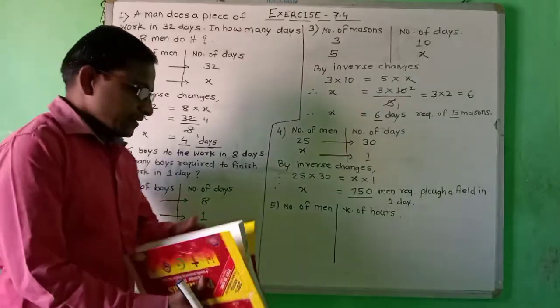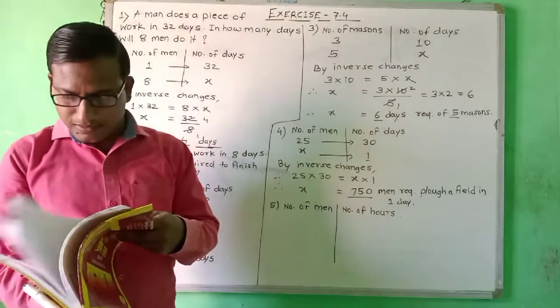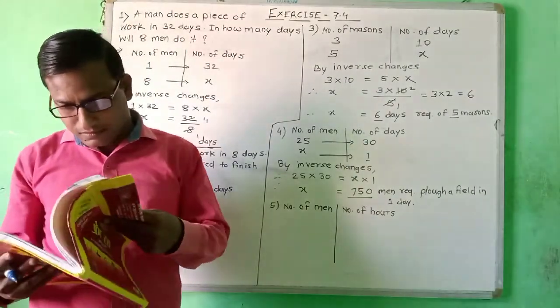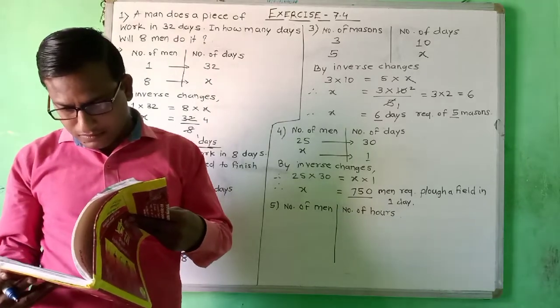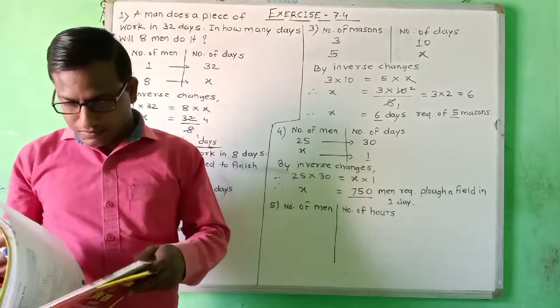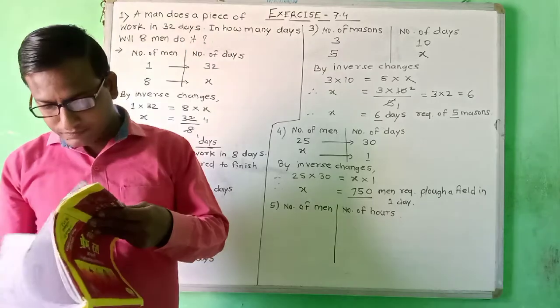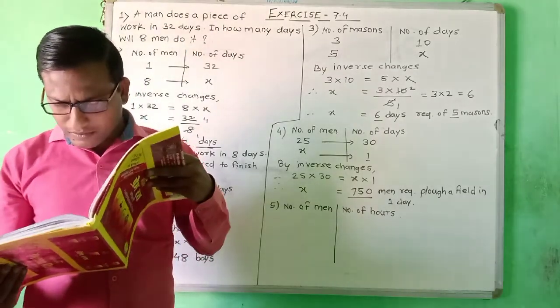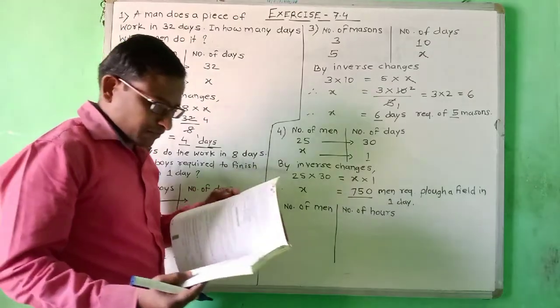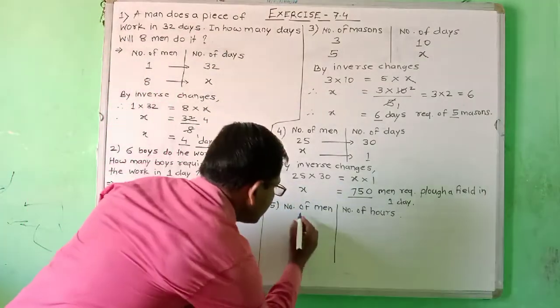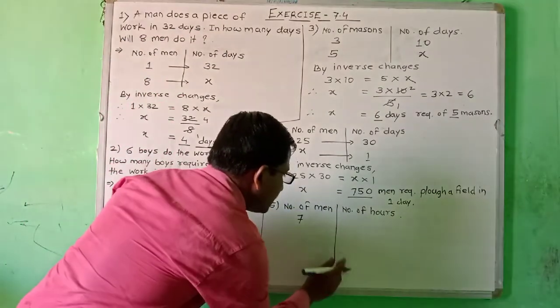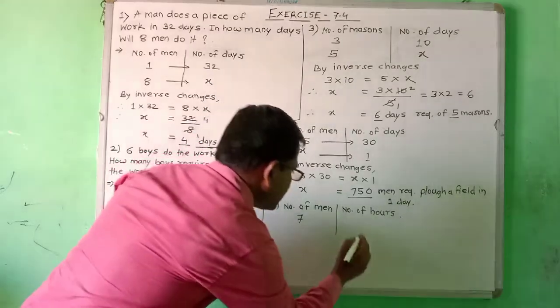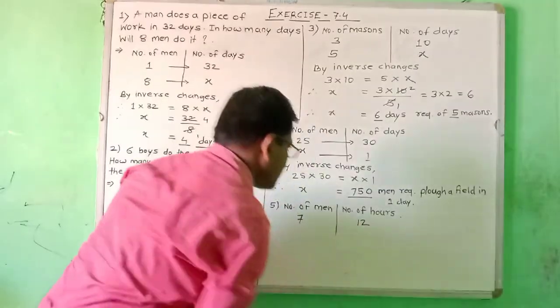So number of men is 7 men plough a garden in 12 hours.